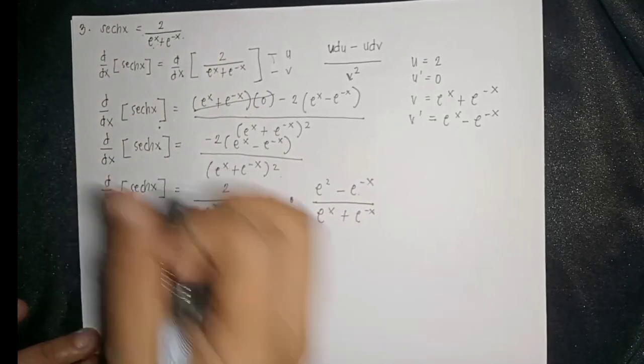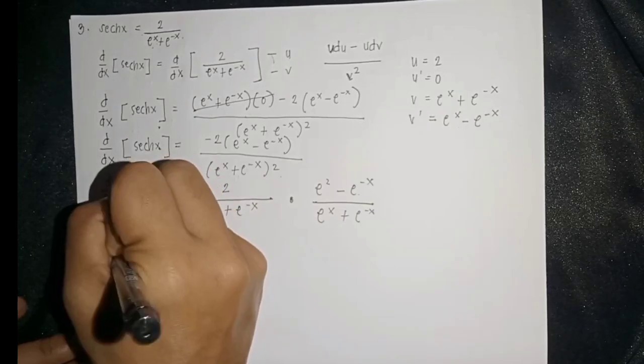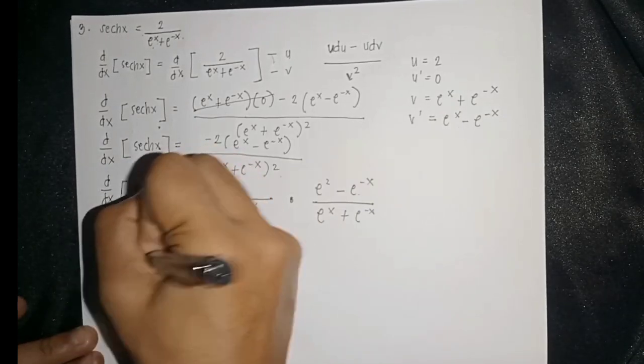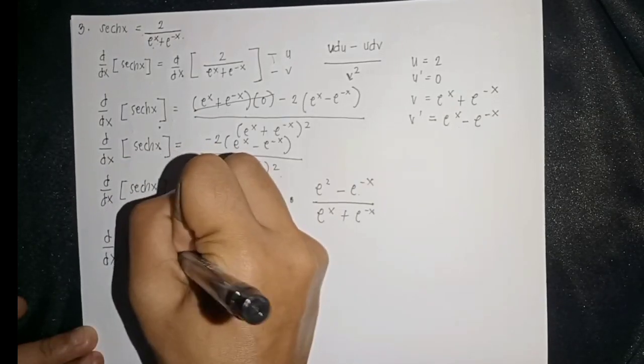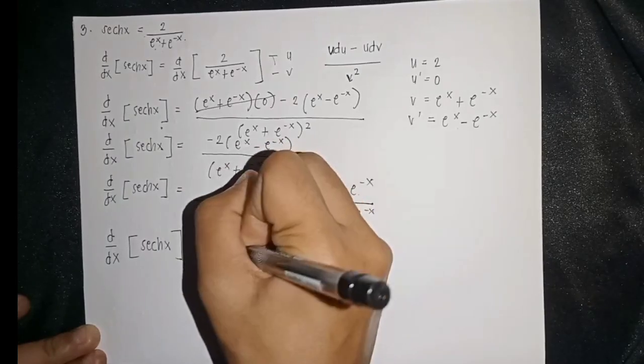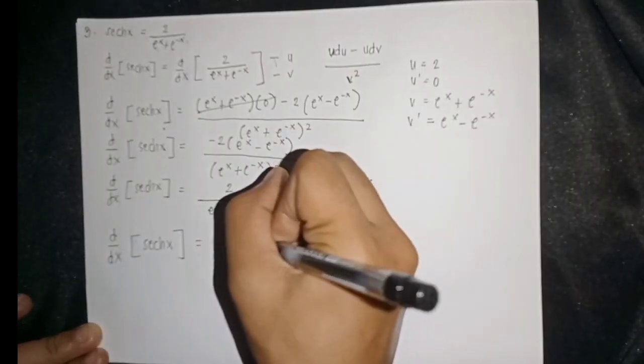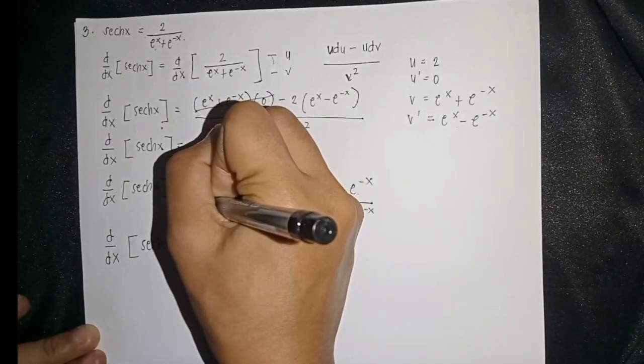By the way, do not forget to put a negative sign, because when we talk about the derivative of hyperbolic secant x or hyperbolic secant u, there is always a negative sign on it.